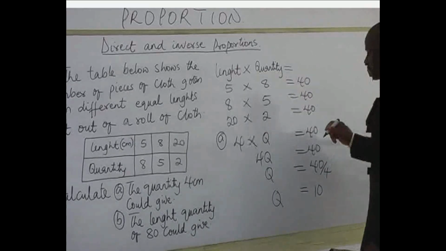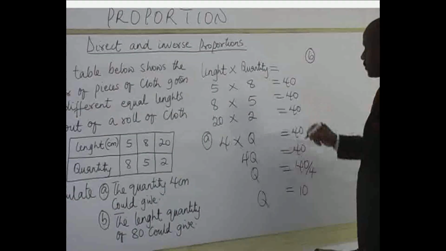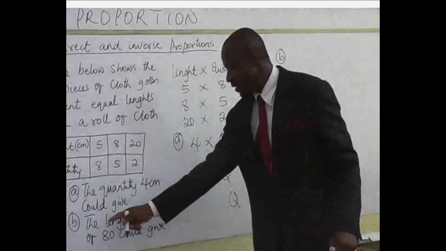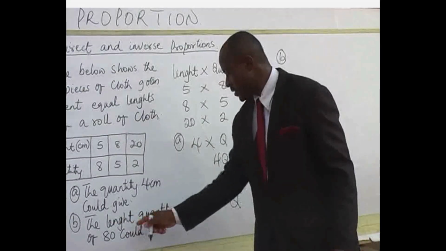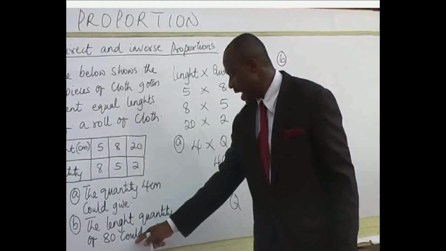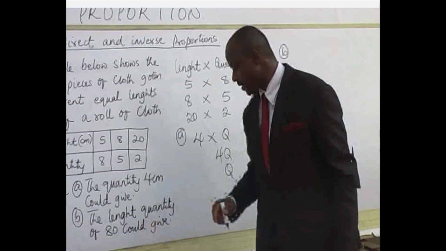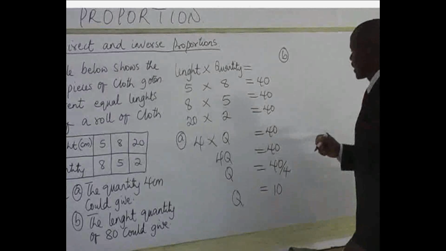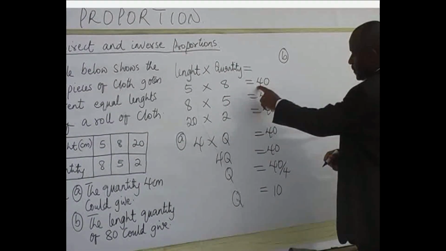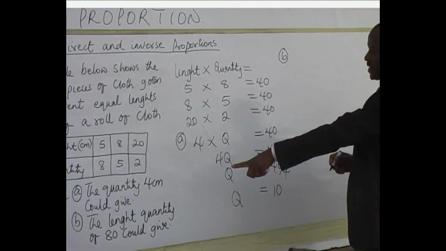Question B. The question says the quantity is 80. How much of the length can come out of it? Remember, length times quantity is always 40. Here the quantity is 80.